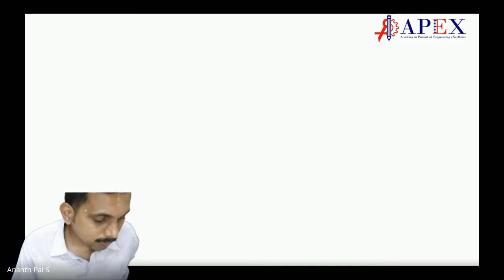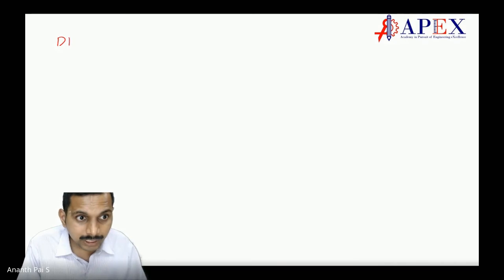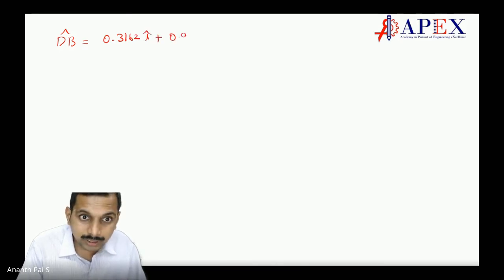Now, what is DB? Can we find the DB unit vector? The DB unit vector, what I have got, or what our Shames has got, is 0.3162i plus 0.9487k. See whether you get that.